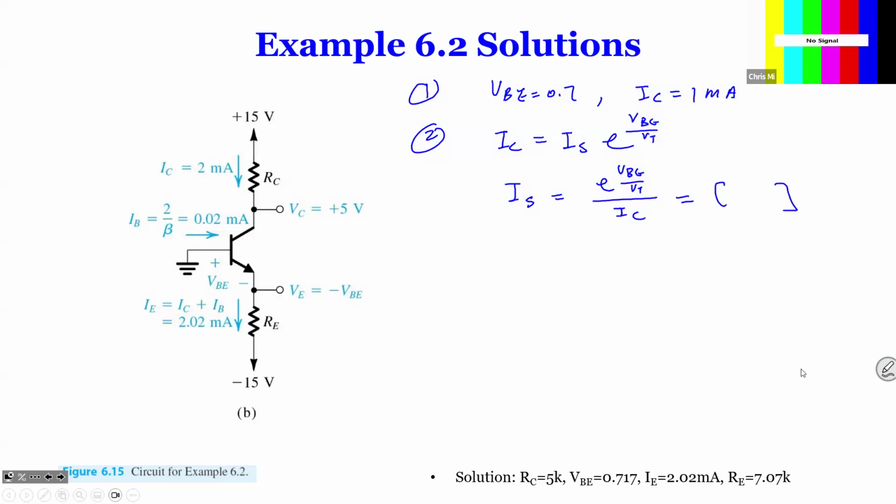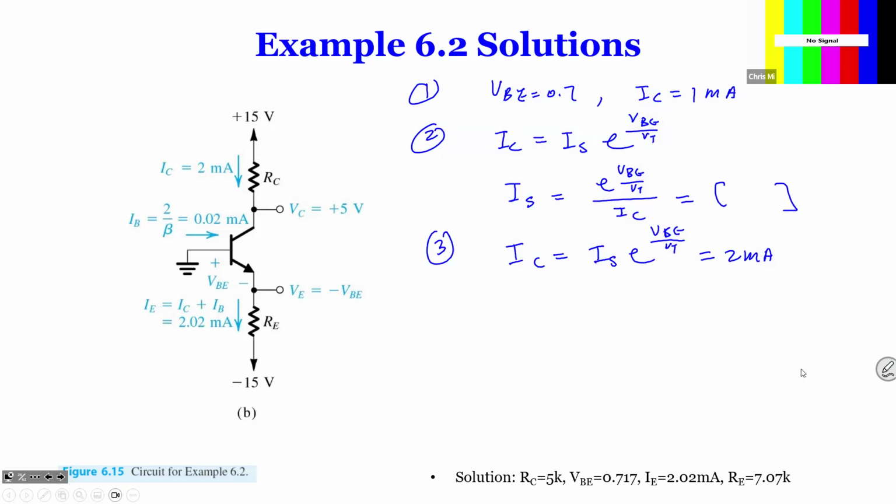Why are we finding IS? Well, you're finding IS because you want to find VBE when IC is 2 milliamps, right?